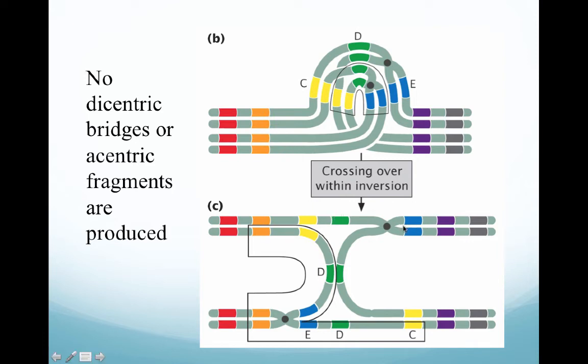So here we've got our 1 chromosome, here is another, and we've got the Q portion of both chromosomes trying to pair up with the opposite chromosome.